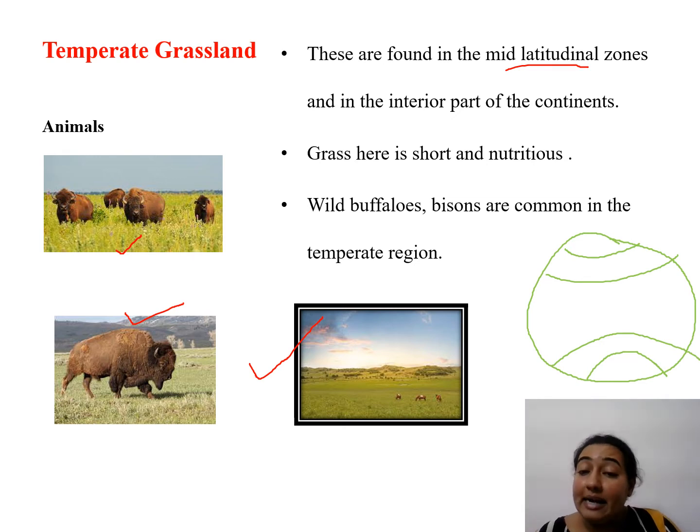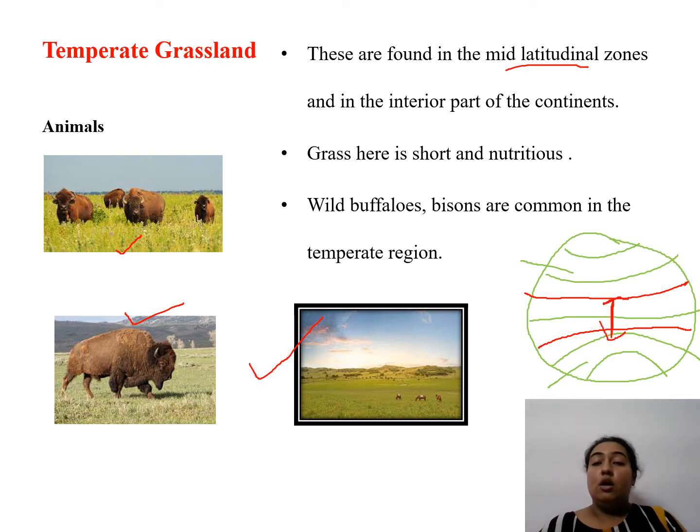Now we just studied that coniferous forests are found over here. So now if this is the equator, where can we find temperate grasslands? Temperate grasslands are found either in this place or in this place, which is midway from the equator.